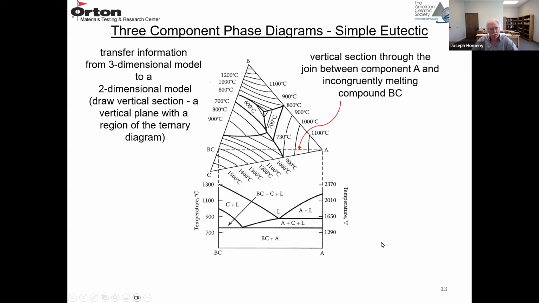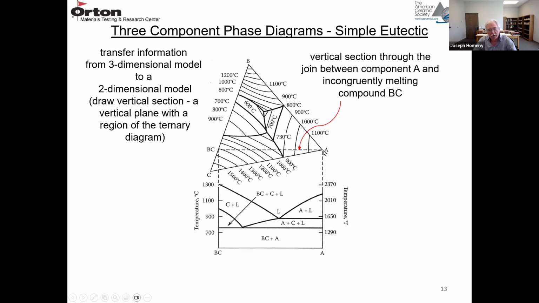And there's also a third way of presenting this. So we're taking our three-dimensional model, converting it to a two-dimensional model. So instead of a horizontal plane, we draw a vertical plane. So this is a vertical section on a region of the ternary diagram. So here's a vertical cut from A to BC.